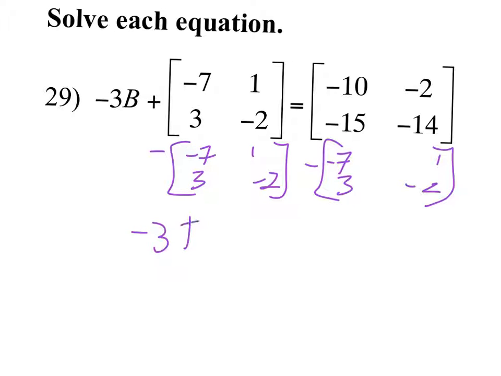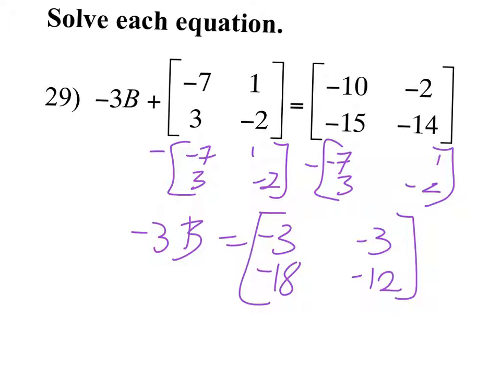So negative 3b is equal to negative 3, negative 3, negative 18, and negative 12. When I multiply both sides by negative a third, we end up with 1, 1, 6, 2. That's my final answer for B.